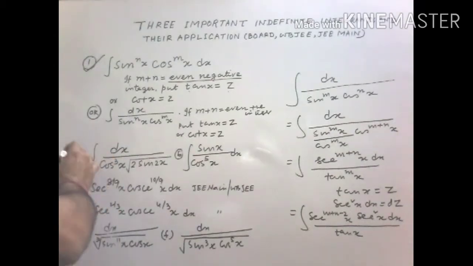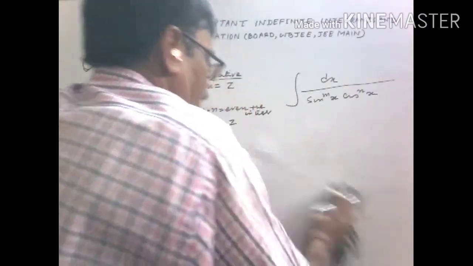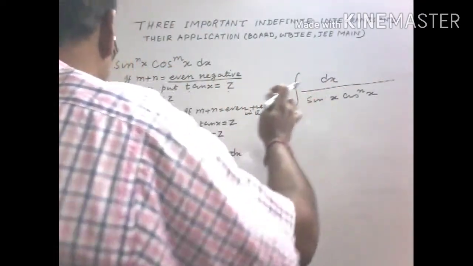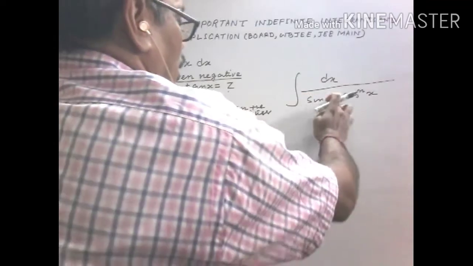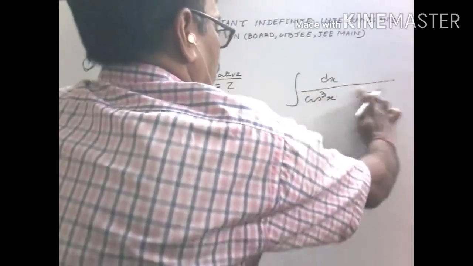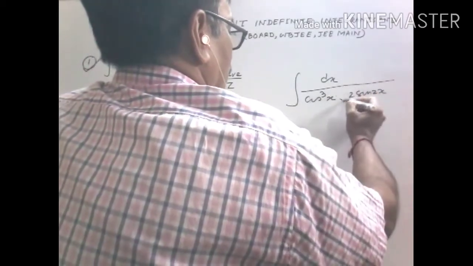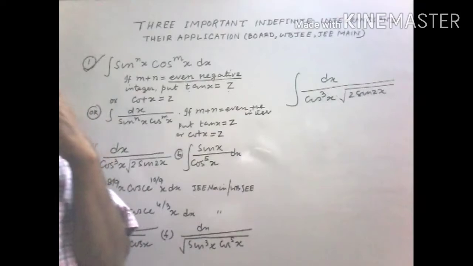So look, problem number A, application. dx by cos cube x into 2 sin 2x.